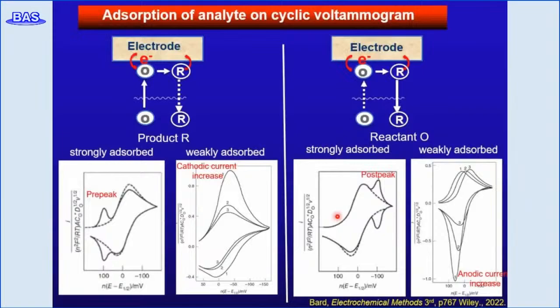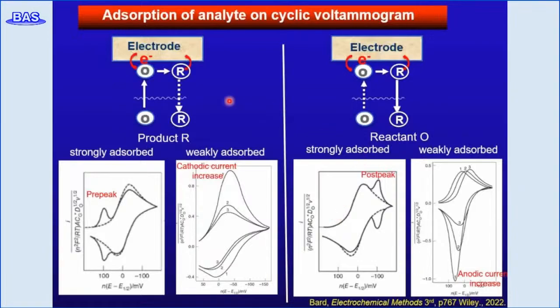Electrode reaction of chemical species in solution accompanied by the adsorption of reactant or product onto the electrode will affect the shape of the CV. When the reaction product is strongly adsorbed, a prepeak is observed as shown here.